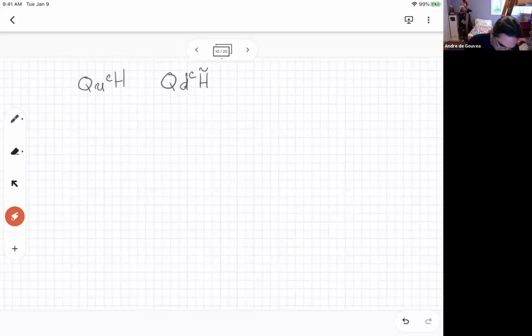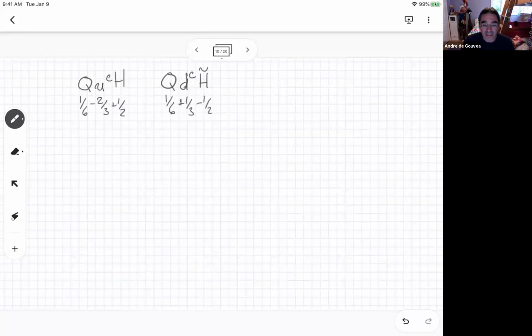And then we can check that the hypercharges work out. This is a sixth. This is minus 2/3. This is plus a half. This adds up to 0. This is a sixth. This is plus a third. This is minus a half. And I hope this also adds up to 0. So these are all terms which are allowed in my Lagrangian, so I can write those down.